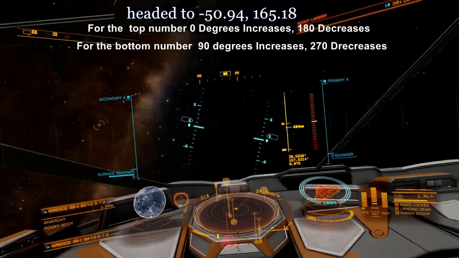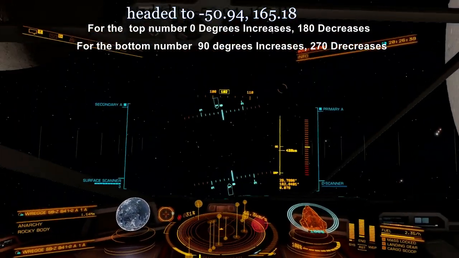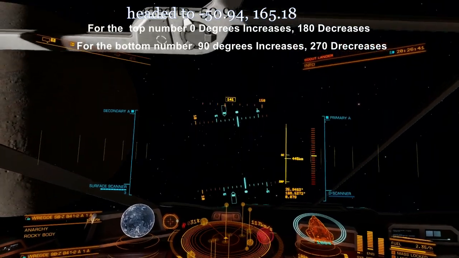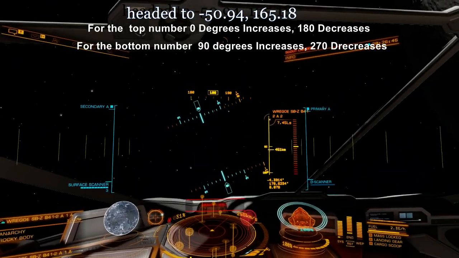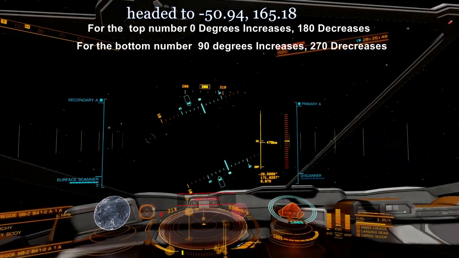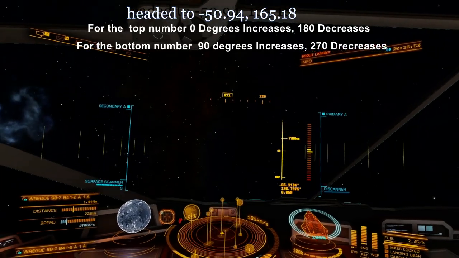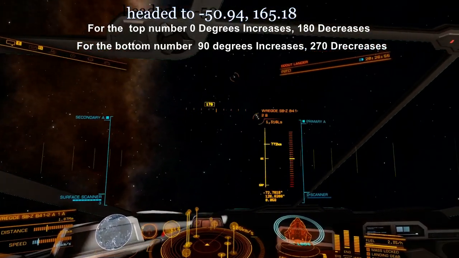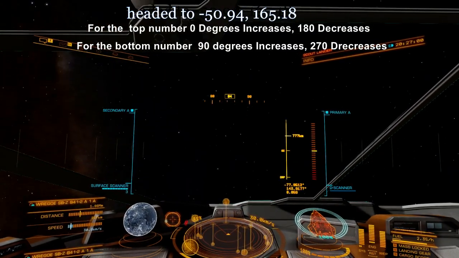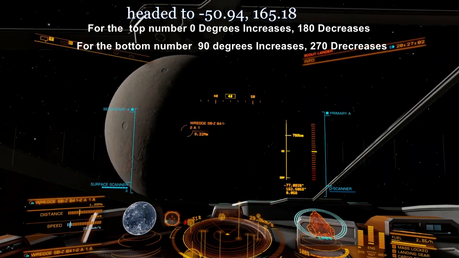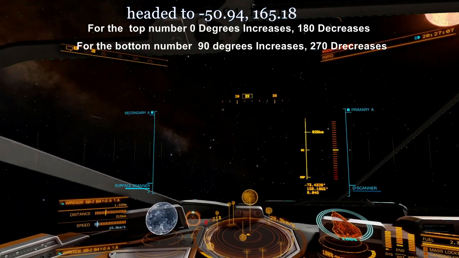And if I swing that around to 270 degrees, meaning I'm going in the opposite direction from 90 degrees, that bottom number is going to go down. Drop out of my Super Cruise. Let me get my bearings back. Back into Super Cruise. Too far up.